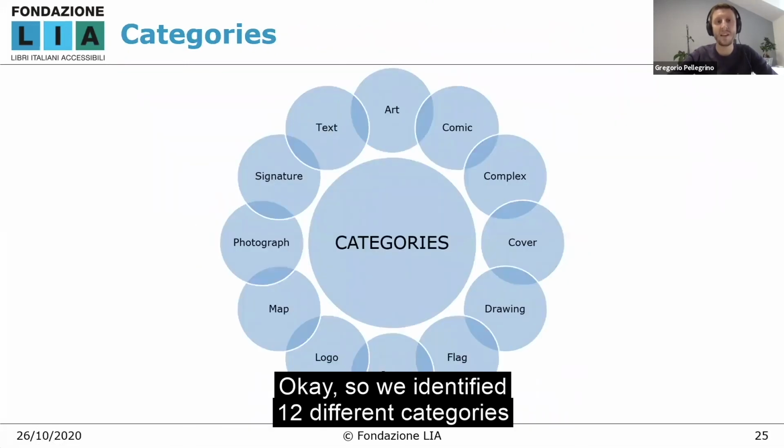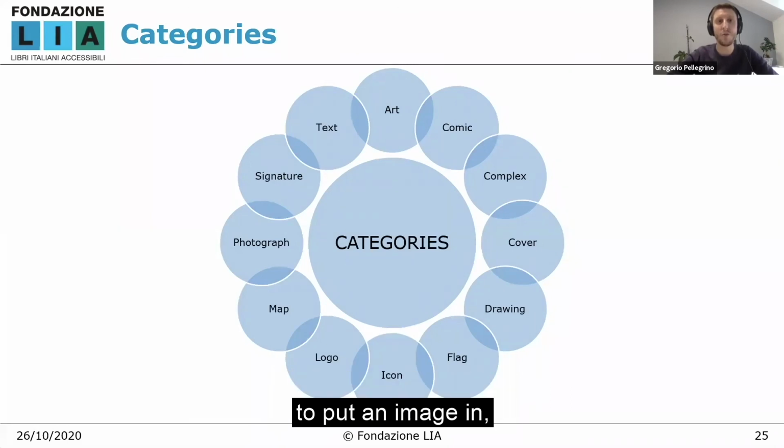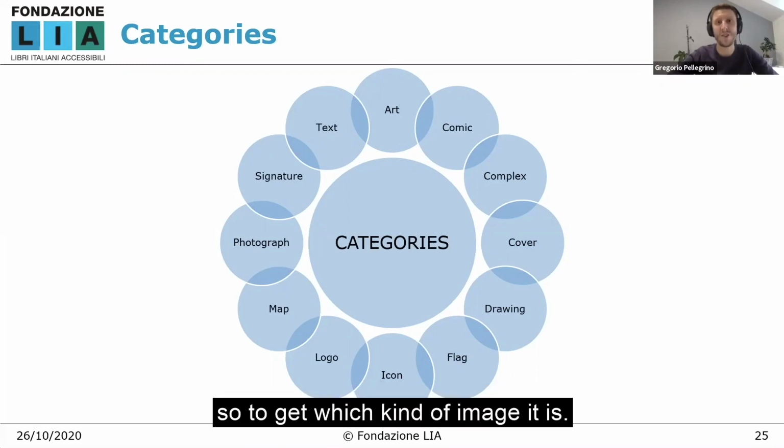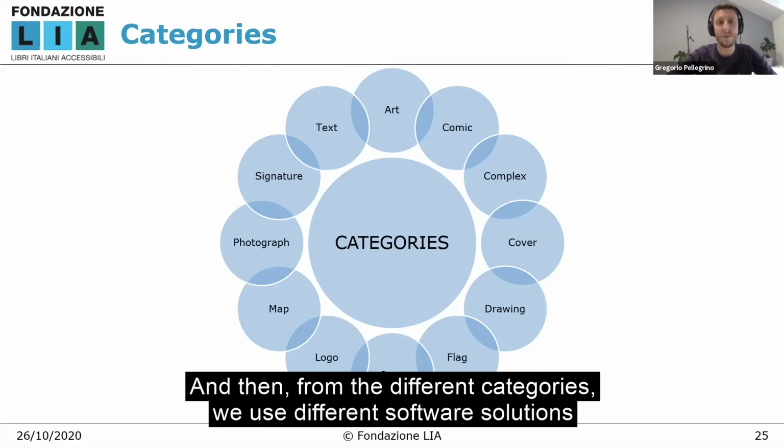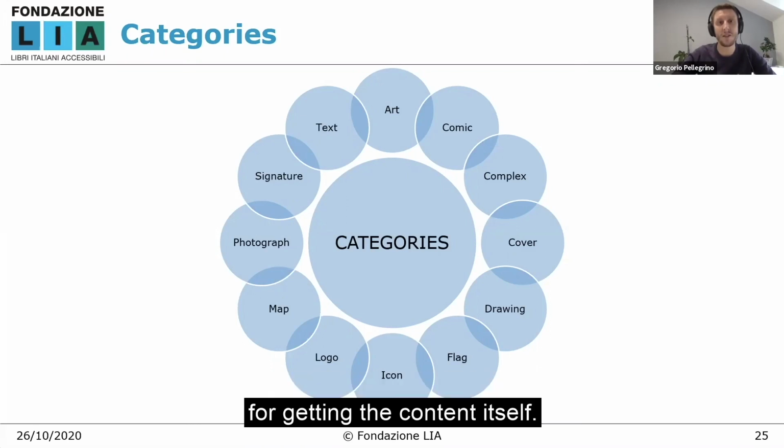So we identified 12 different categories to put an image in, to get which kind of image it is, and then from the different categories we are using different software solutions for getting the content itself.